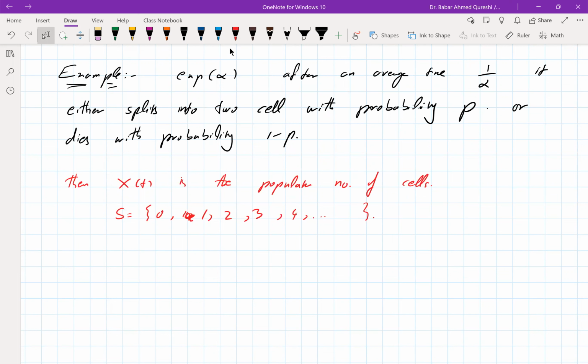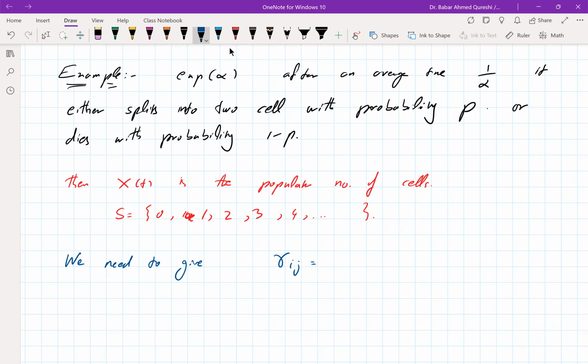Now, how would you write the transition rates for this? We need to give these entries.